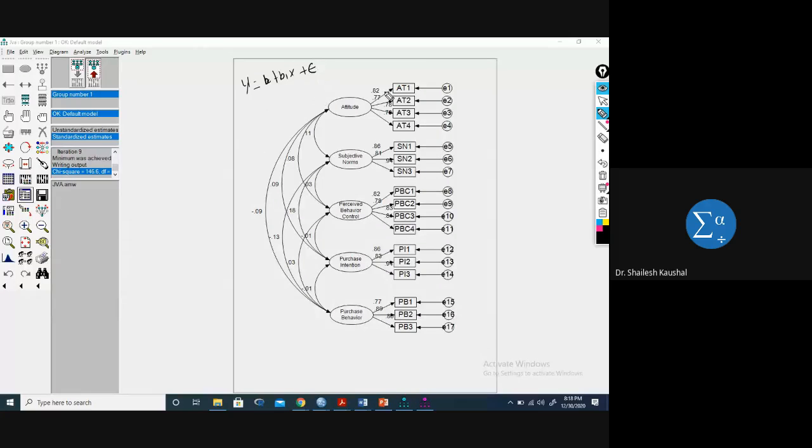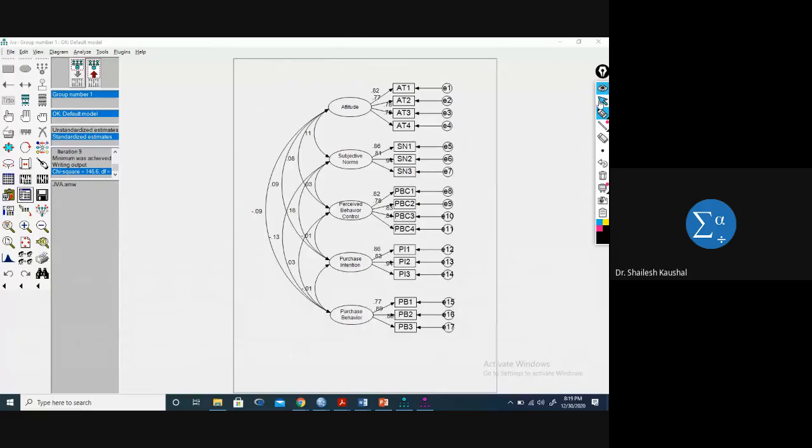Here b1 is the coefficient, x is the variable, and this is the error term. This is the explained part, and this is the unexplained part, meaning the error term. So the explained value should be high and the error value should be low.